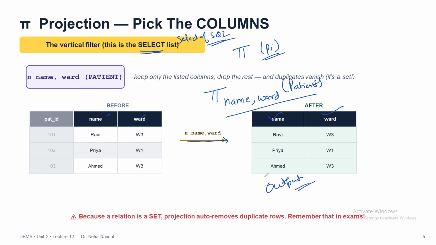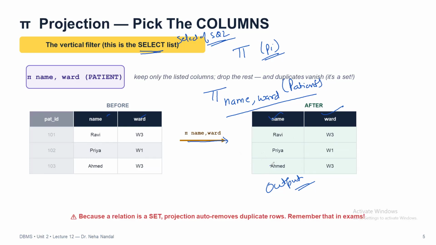Okay. Now a relation is a set, and a set by definition has no duplicates. So if projecting away columns leaves you with two identical rows, projection automatically deletes the duplicates. Suppose you project just the ward column from 100 patients and you might get back only 3 rows.